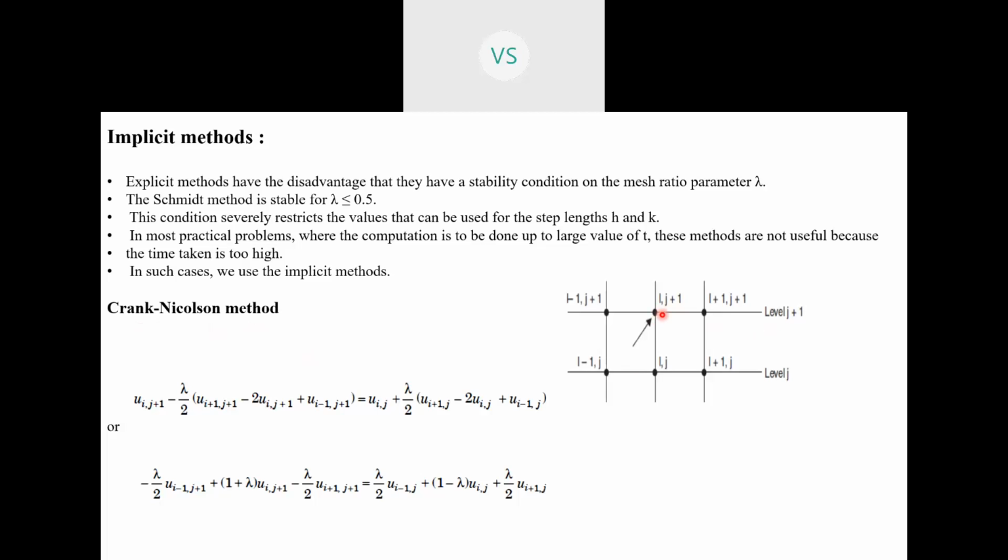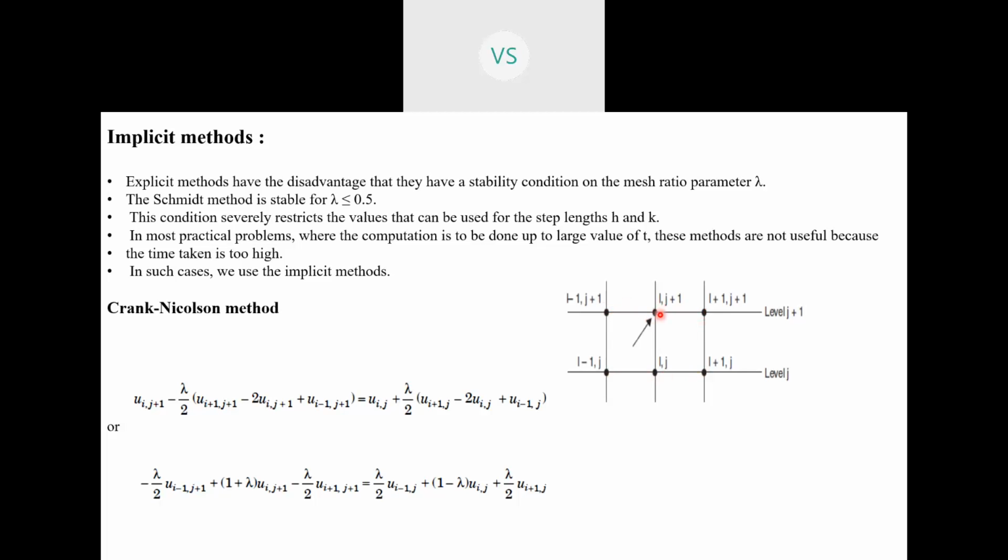When you have to obtain the solution at this nodal point, you require all these other points. You will require these other points to obtain the solution at this nodal point.